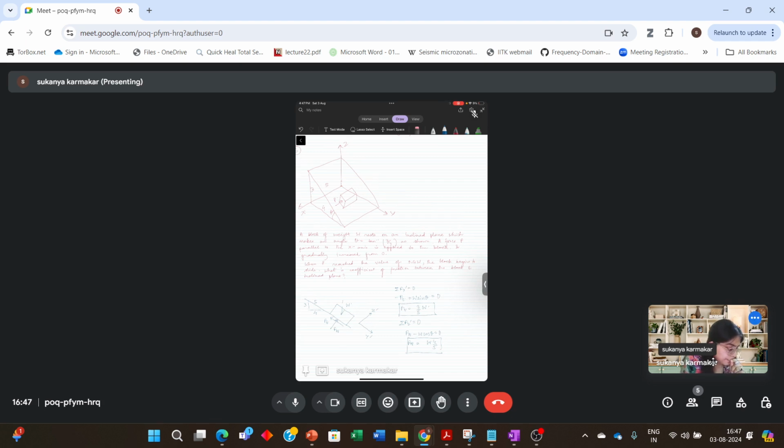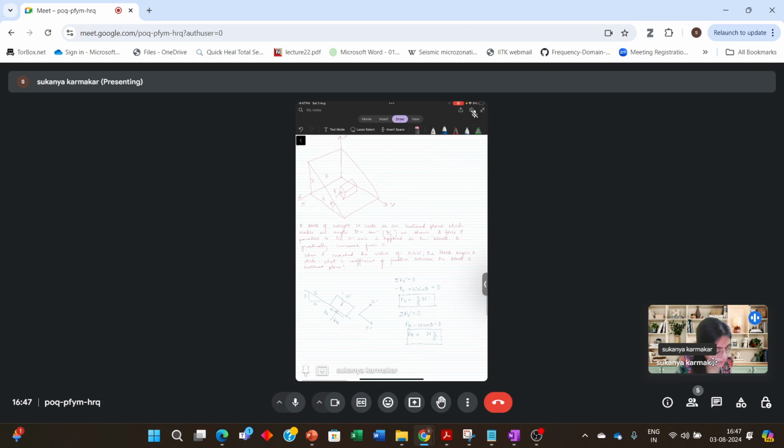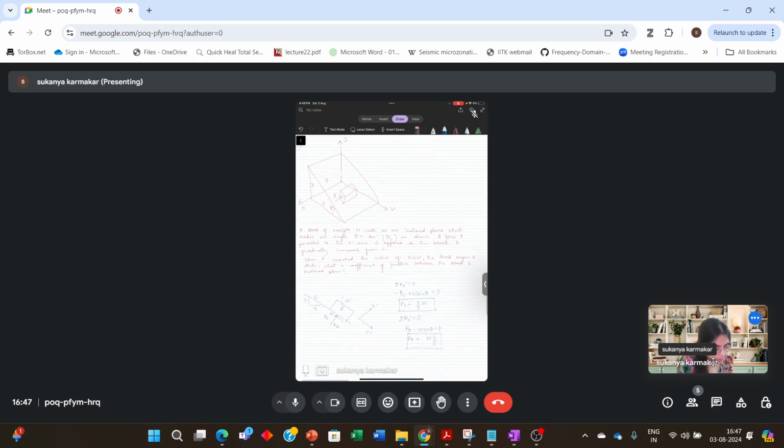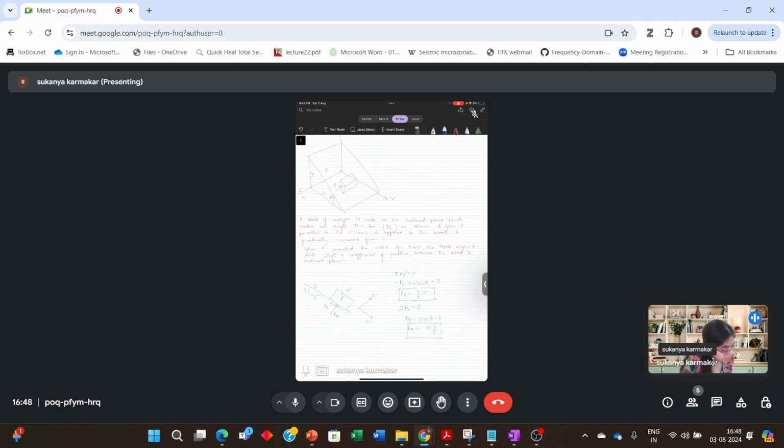We were considering the friction in this direction, so now project it on the XZ plane, with the X axis and Z axis.